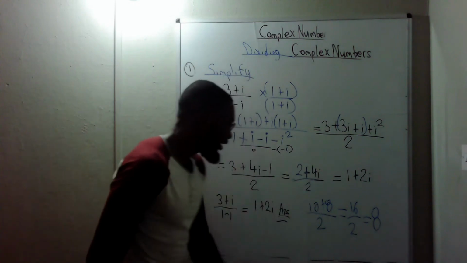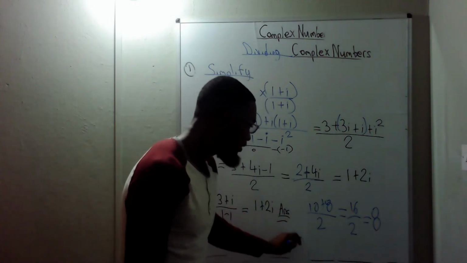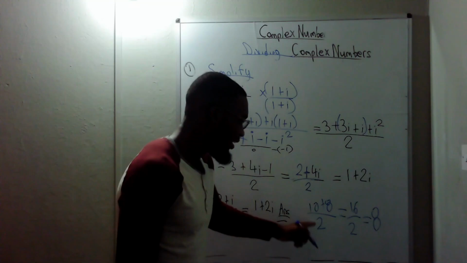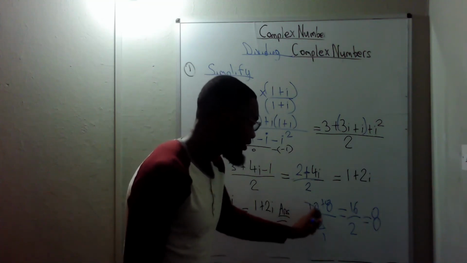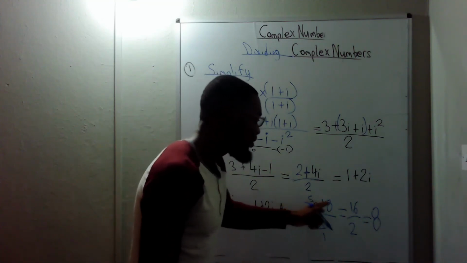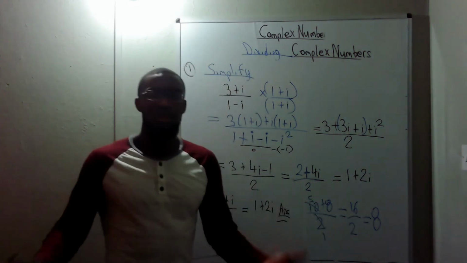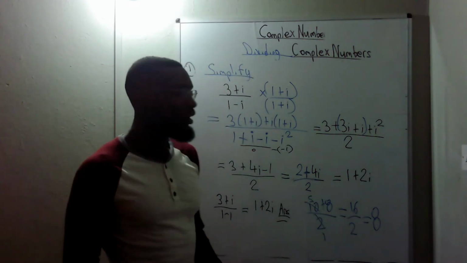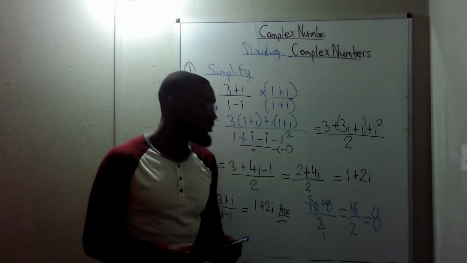But if you were to just cancel the 2 from one side of it, then what you're saying is 10 divided by 2, if you cancel it, this is saying 1, 2 into this 5. 5 plus 8 is 13, but 13 is not 8. So look at it, that method cannot work. You have to divide both the numerator and the denominator by 2.